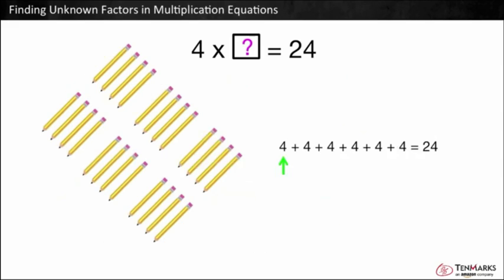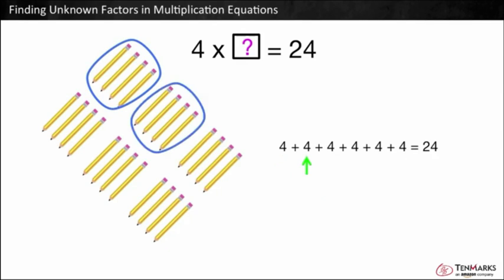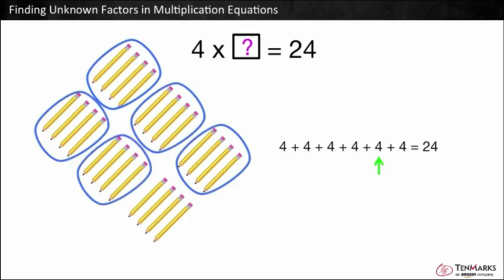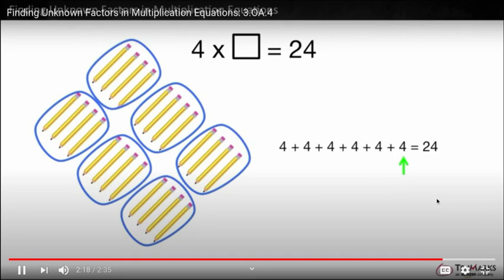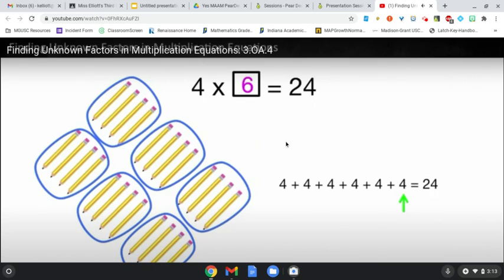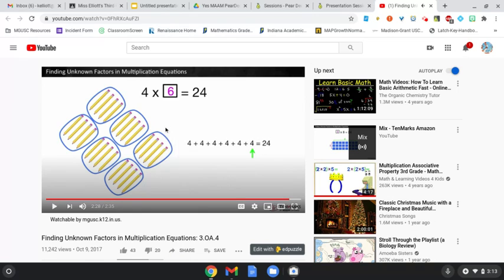How many 4s did we just add? Let's count. 1, 2, 3, 4, 5, 6. 6 groups of 4s. This means 6 groups of 4 make 24. The missing factor here is 6. So 4 times 6 is equal to 24. In this video, you learned how to find unknown factors in multiplication equations.